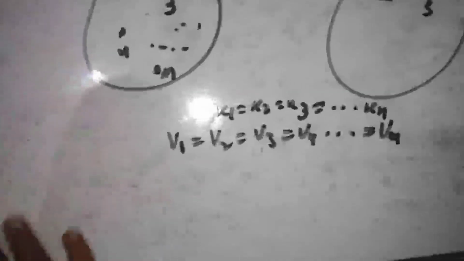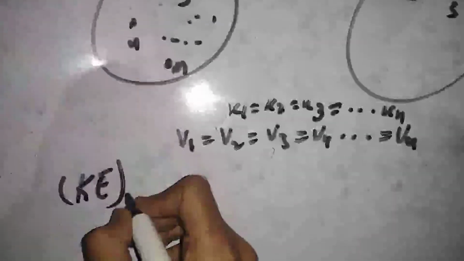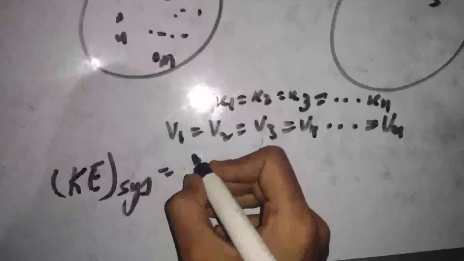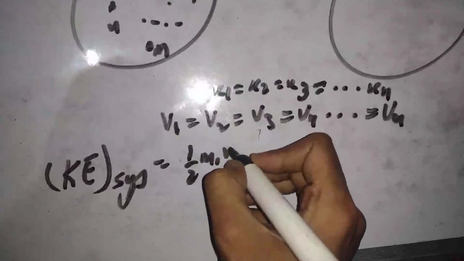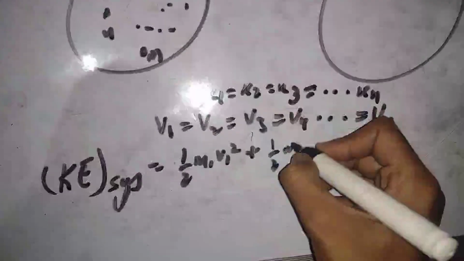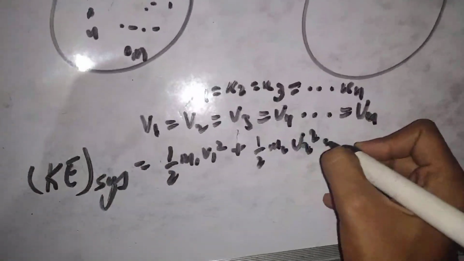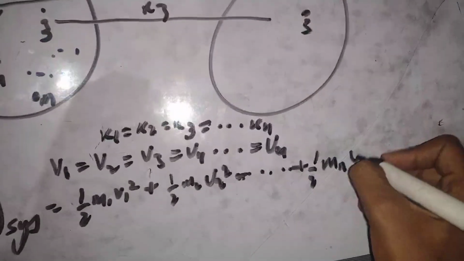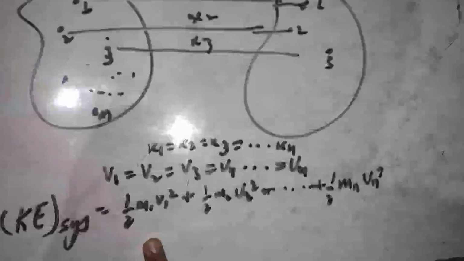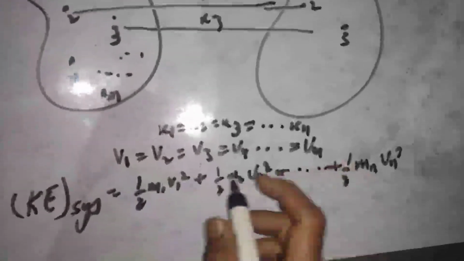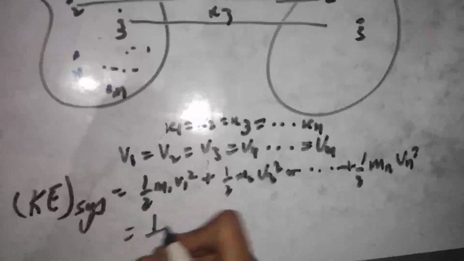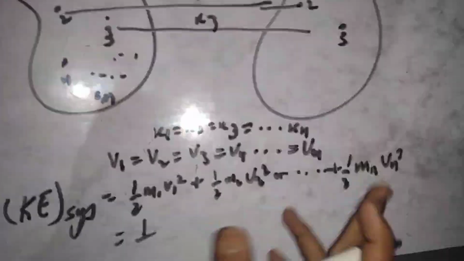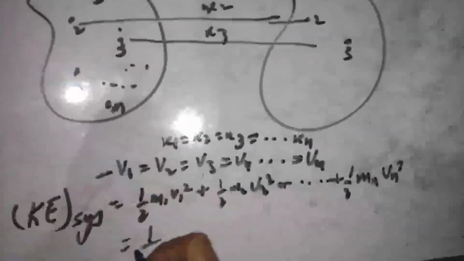Now if we write the kinetic energy of the body, let us call this body a system, then the kinetic energy of the system is the sum of the individual kinetic energies of all particles. So half m1 v1 square plus half m2 v2 square, going up to the nth particle, half mn vn square. We treat the mass of every particle as the same, and given the velocity is the same, we can take the velocity out.